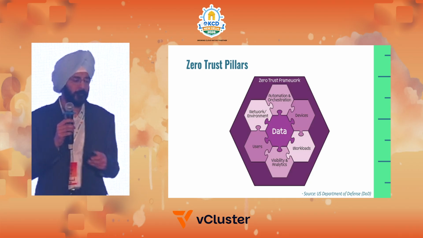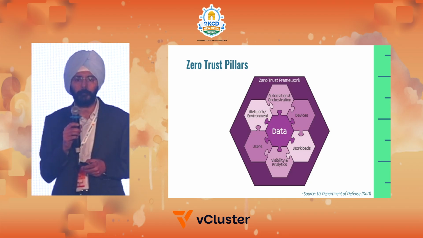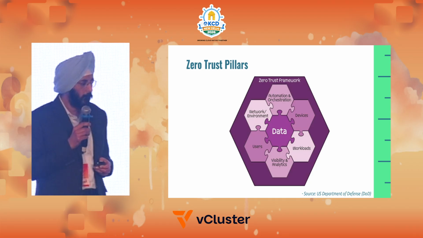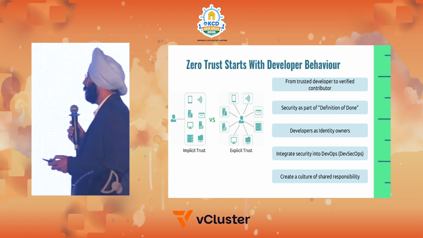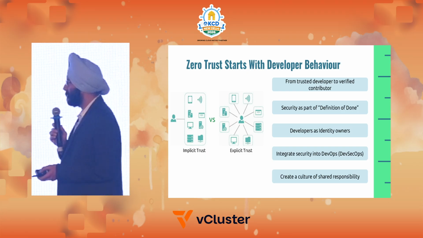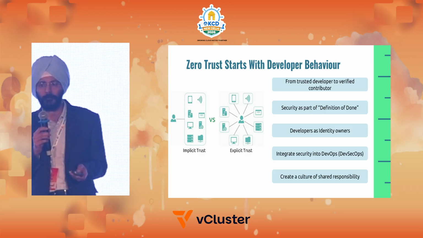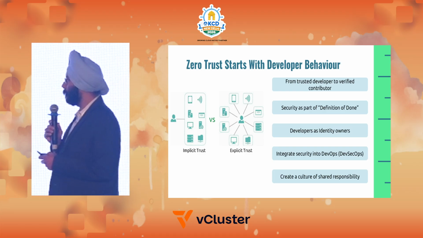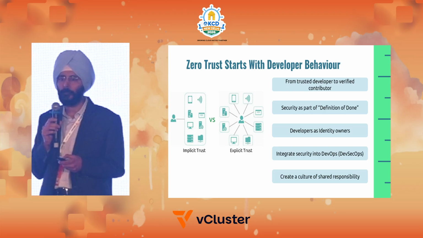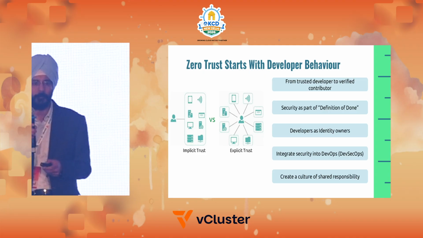All in all, all of these pillars will help you in making your data pillar safe and secure. So we move from implicit trust to explicit trust, whereby earlier we used to rely on a perimeter security check. Now we are saying that we're going to check each and every kind of access every time you're accessing it.